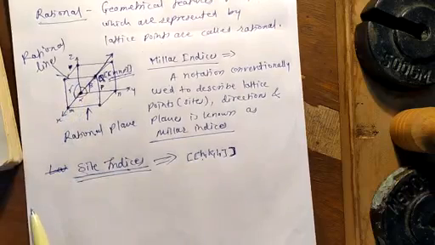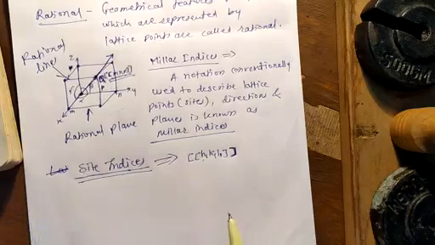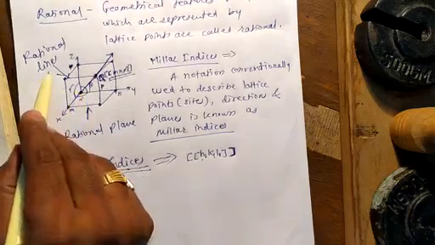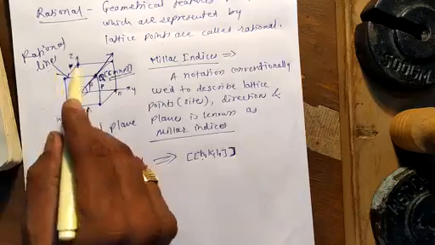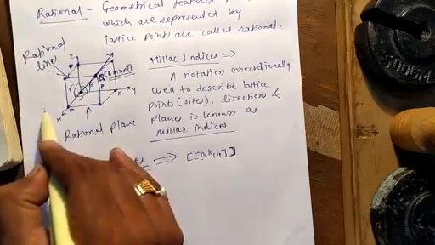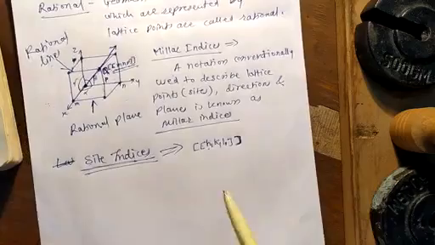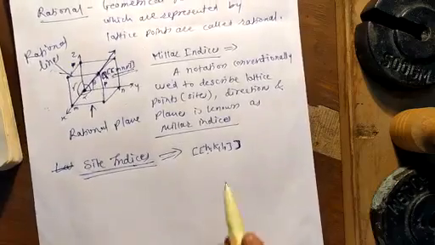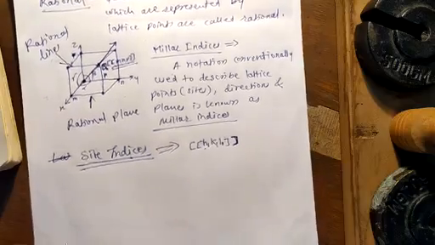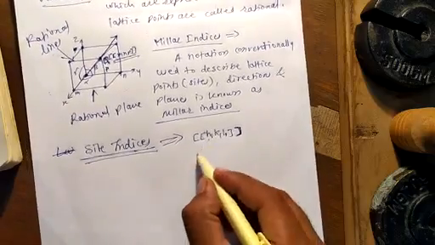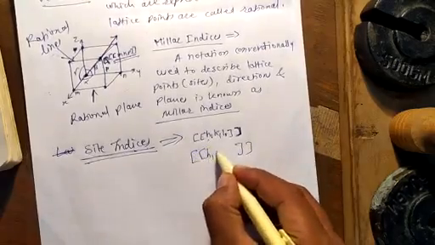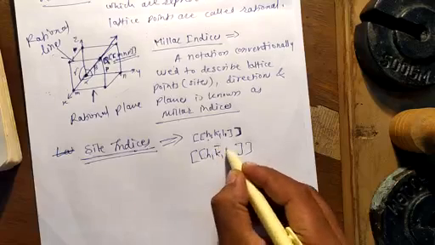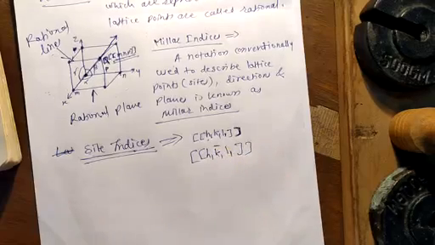Similarly, for negative indices, suppose we have a point which has some positive coordinates and some negative coordinates. Such coordinates are represented by giving a minus sign over that coordinate, for example, double square bracket h1 k1 l1-bar.